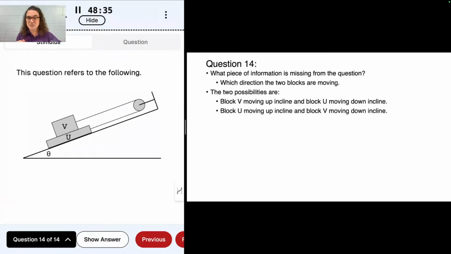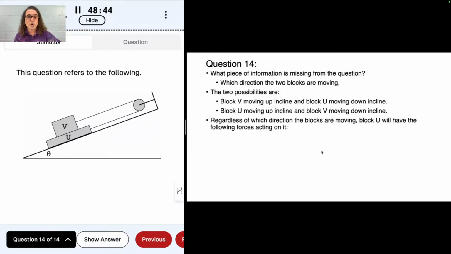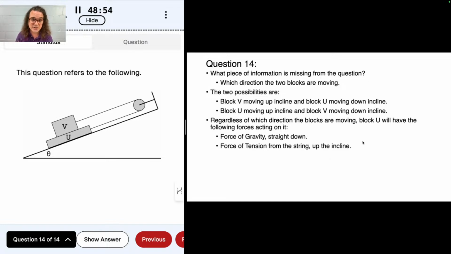Now, I've had a couple of people say stuff about friction. It says friction is not negligible in the problem, so you know there is friction between all of the surfaces. So regardless of which direction the blocks are moving, block U will have the following forces acting on it. It will have the force of gravity straight down. It will have the force of tension from the string up the incline.